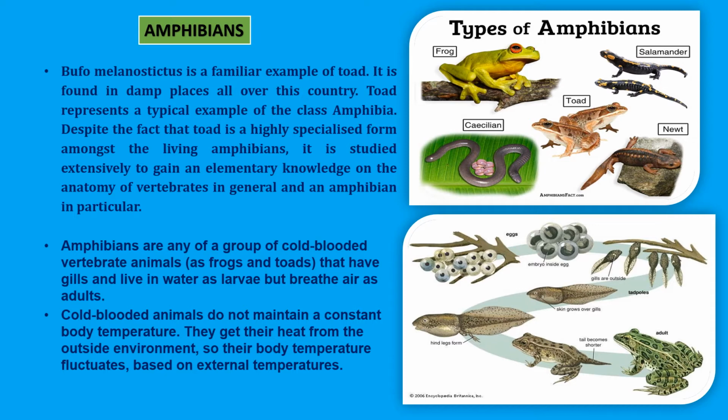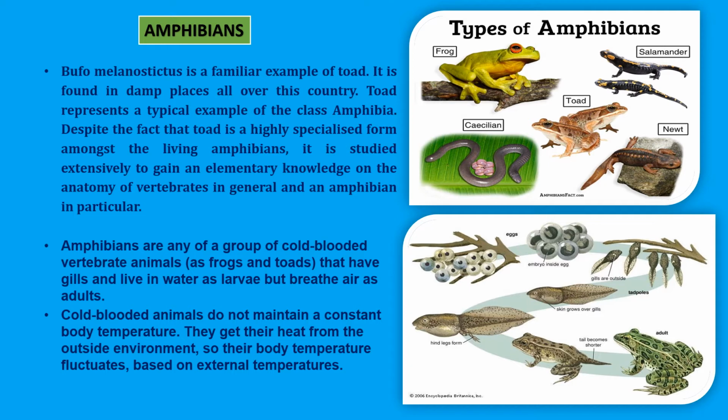After metamorphosis, the process by which a toad comes from larval stage to adult stage, the conversion happens. In the adult stage, amphibians breathe air by lungs. That means lungs form within their body. So actually there are two types of respiration in the case of amphibians.